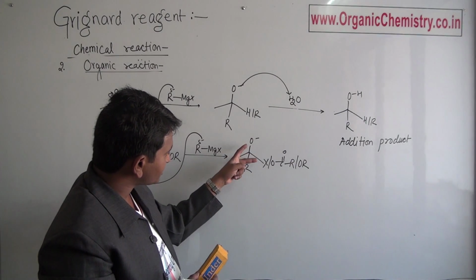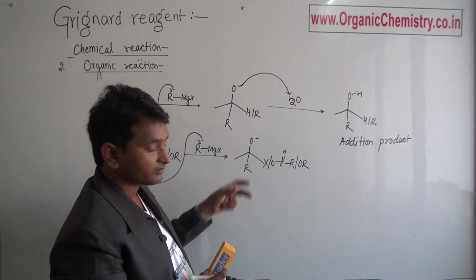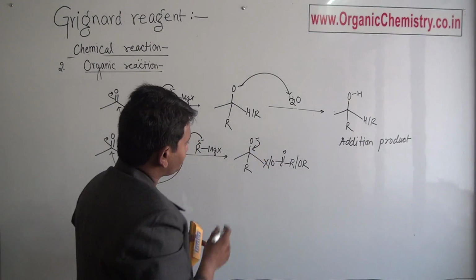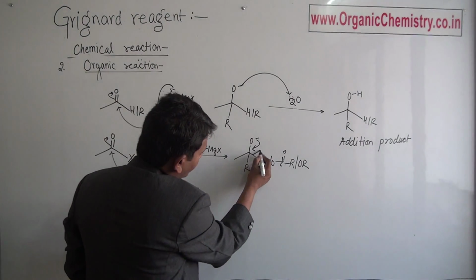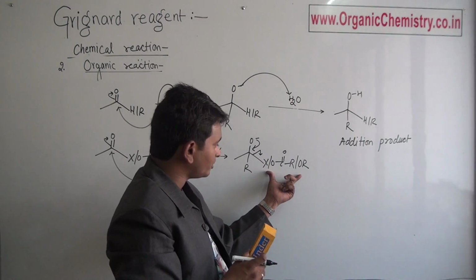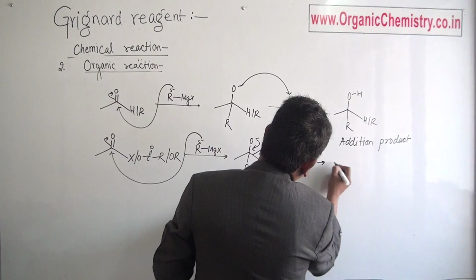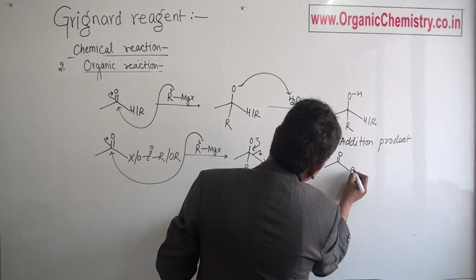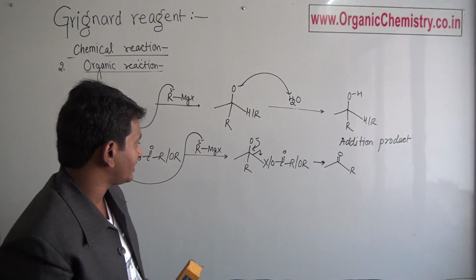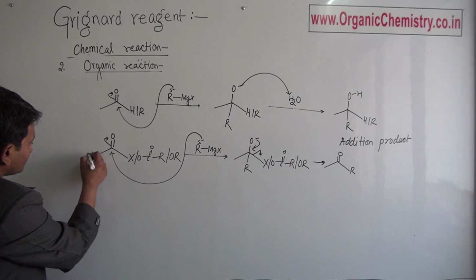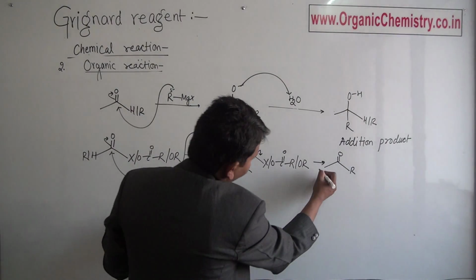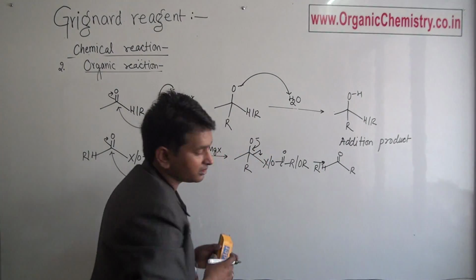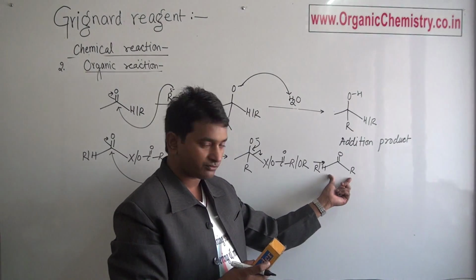Here this carbon has two electronegative atoms. The pi bond is formed and this leaving group goes out. This may be H or R. So aldehyde or ketones are formed.